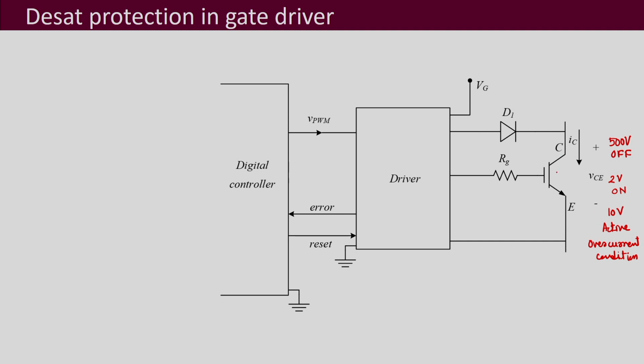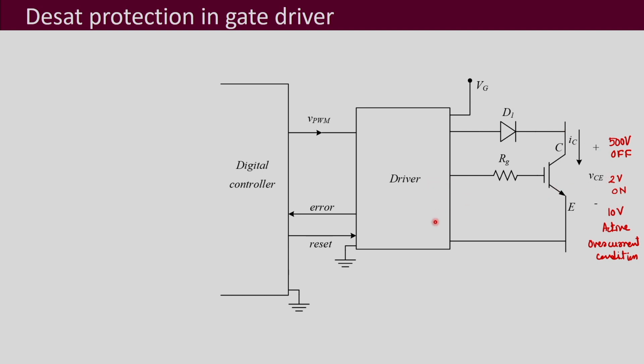So when it is off, it has to block a very high voltage, and that we cannot give to this driver, so then this driver will get damaged. So then this diode does the job. When it is blocking, that means it is in the off condition, this diode is reverse biased, it does not conduct, and so there is no connection between the driver and the collector point.